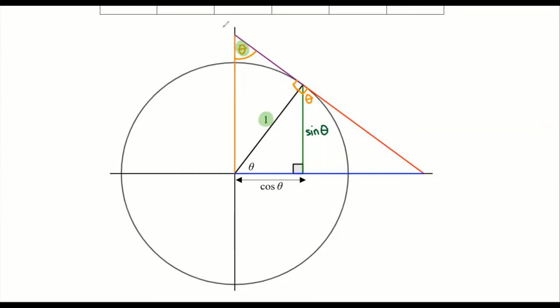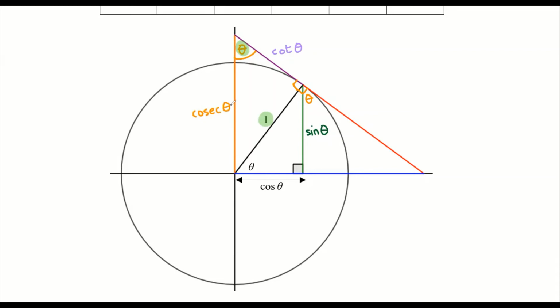It's just been rotated round and flipped, hasn't it? I'm going to use this sort of light purple in a second. So we've got an adjacent side, which was 1 over tan theta, which is, of course, cot theta. So that means that this side must be cot theta. Remember the triangle on the far right in the previous task C. And the hypotenuse of that triangle, which is, of course, our orange side, is going to be 1 over sine theta, which is cosec. So this orange side is cosec theta.